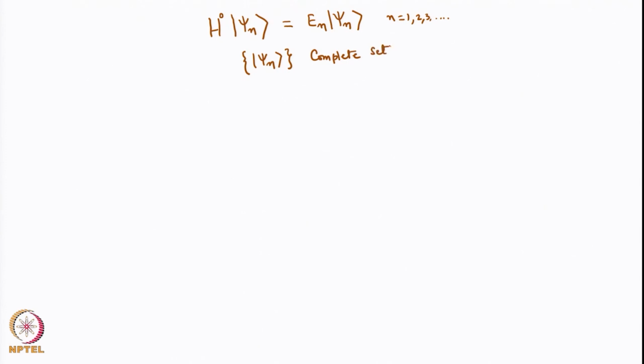Now, if they form a complete set, then I told you any arbitrary function phi can be written as a linear combination of these functions. Furthermore, since these are stationary states, because the Hamiltonian itself is time independent, we can always write psi n of t is equal to psi n e to the power of minus i E n t by h bar.